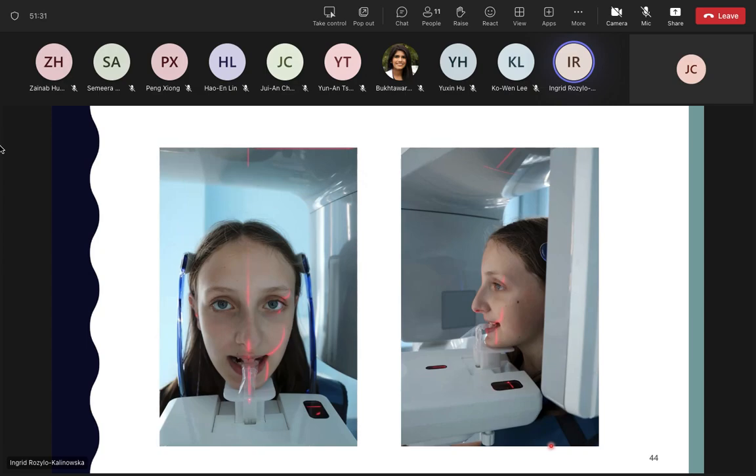But if the head is tilted in the wrong direction, or the chin is up, or the chin is down too much, the image on screen will be flashing red, so you will know that there is something wrong about it. And if you ask me personally, it's much easier to take a panoramic radiograph than to take an intraoral radiograph.